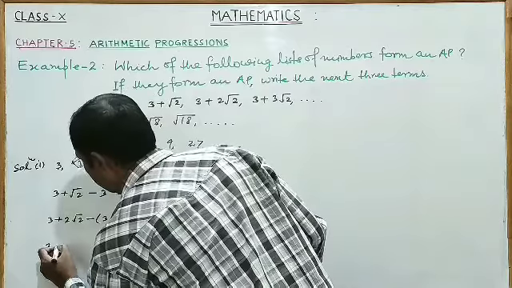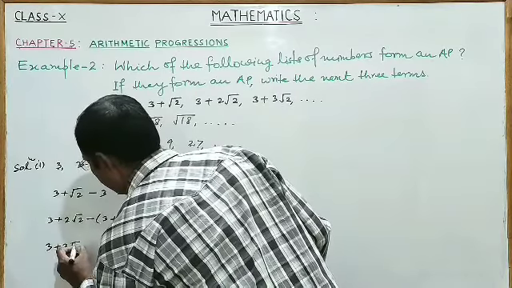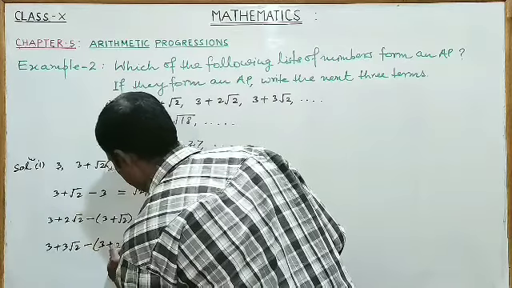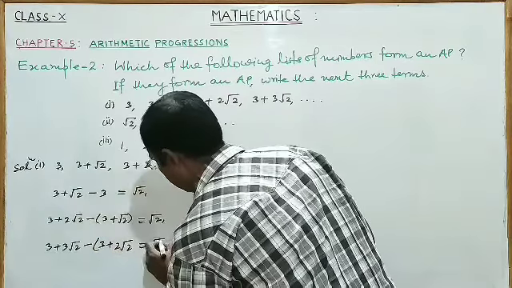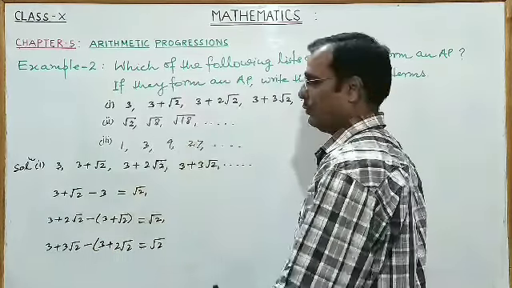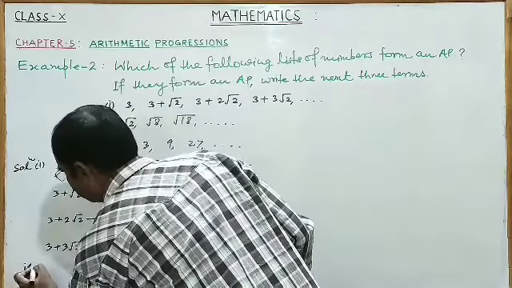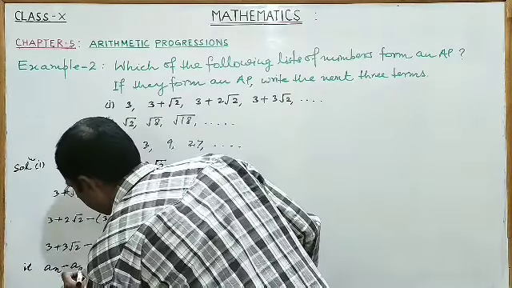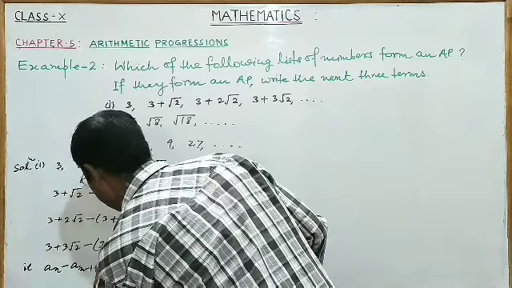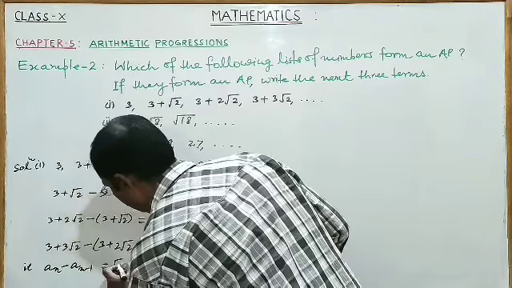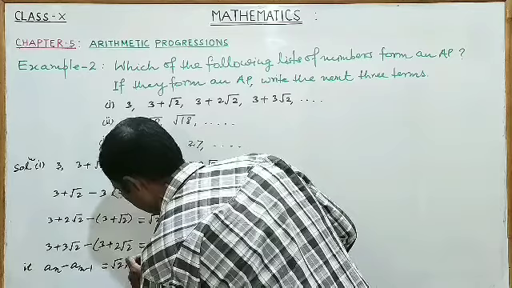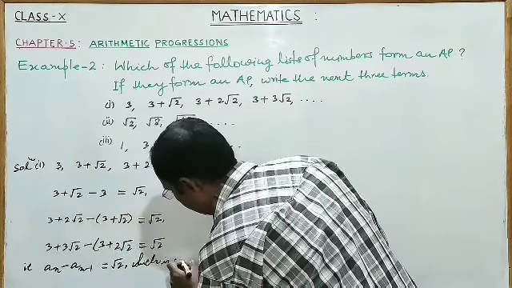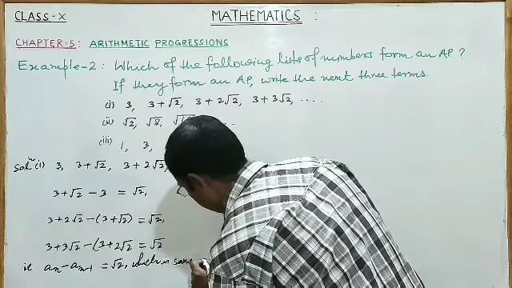Now 3 plus 3 root 2 minus (3 plus 2 root 2) again is equal to root 2. That is, we have a n minus a n minus 1 is equal to root 2, which is same every time.